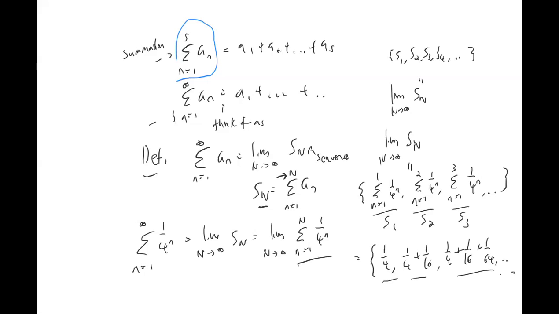And now you see why you could think of it as adding infinitely many things, because the limit is basically what you get when you add infinitely many times. But this is a formal definition. Everyone good?